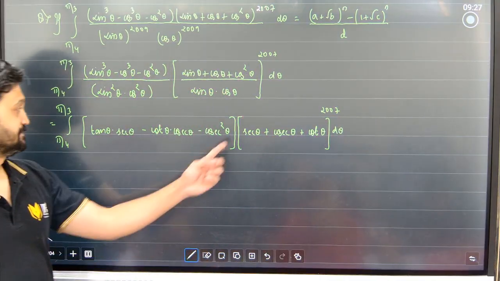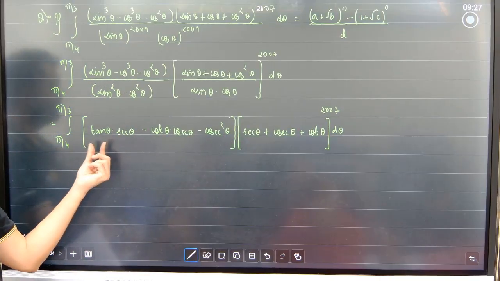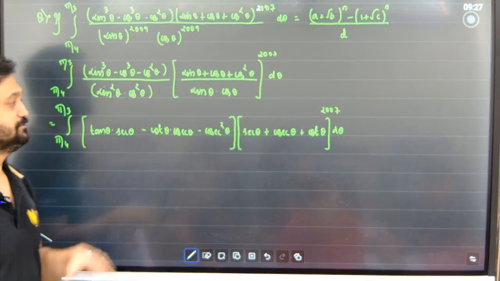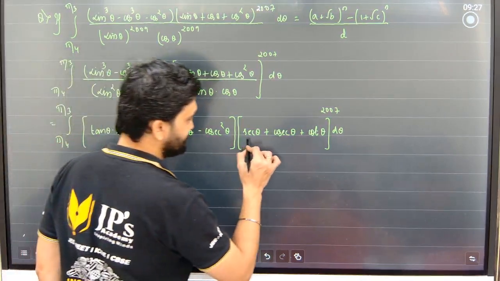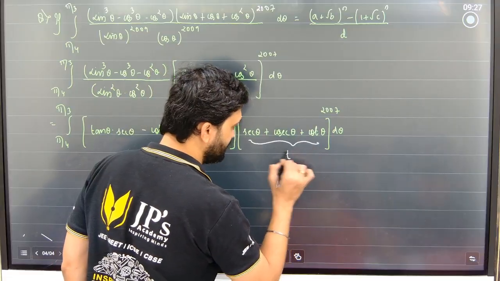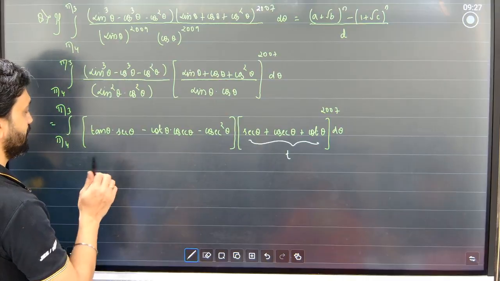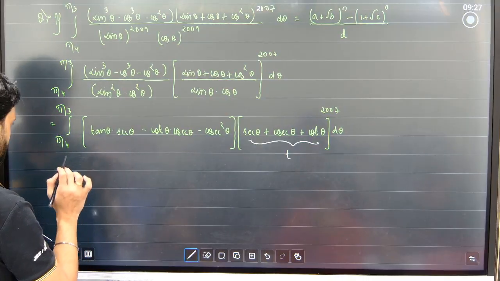And now, the derivative of sec theta is sec theta tan theta, of cosec is minus cosec x cot x, and of cot x is minus cosec square x. So this entire part I will take as dt, and if I take this as t, my limits will change.